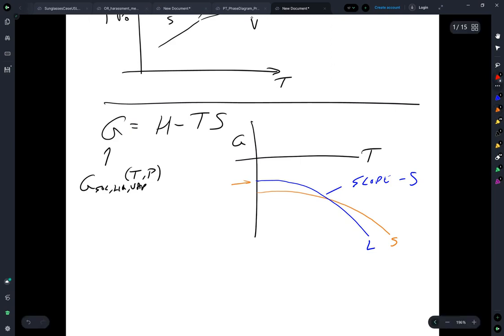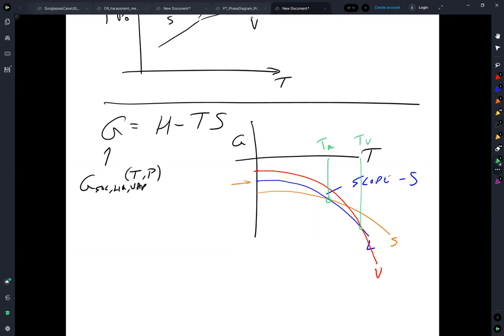And now the vapor has an even higher enthalpy and a higher slope. So it's going to do something like that, vapor, which means that you have a melting point and a vaporization point.